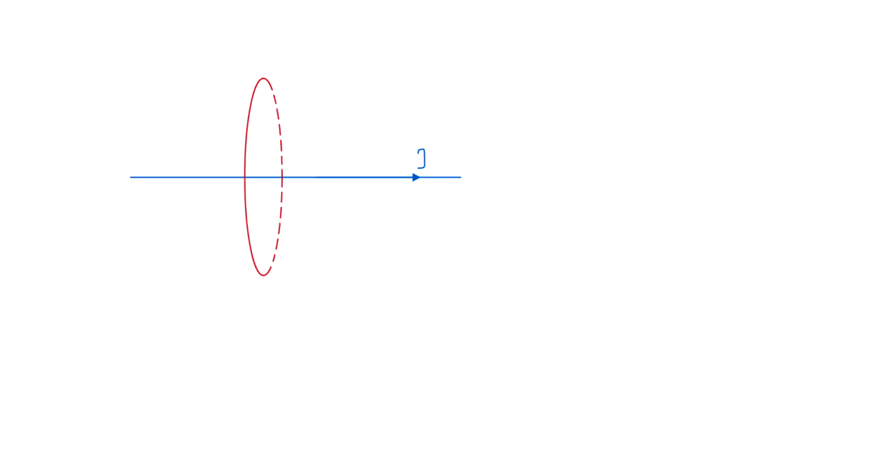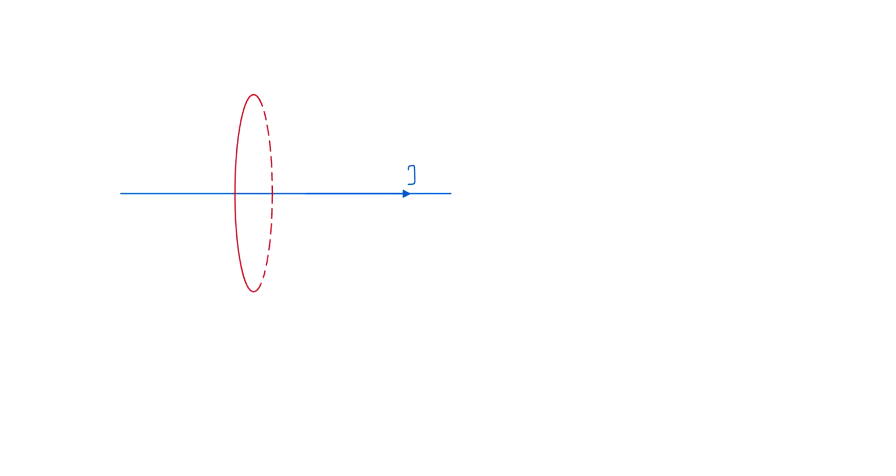Okay, this is a line of magnetic field, but for the direction of this line, there may be two situations. It may be this direction, or it may be this direction.